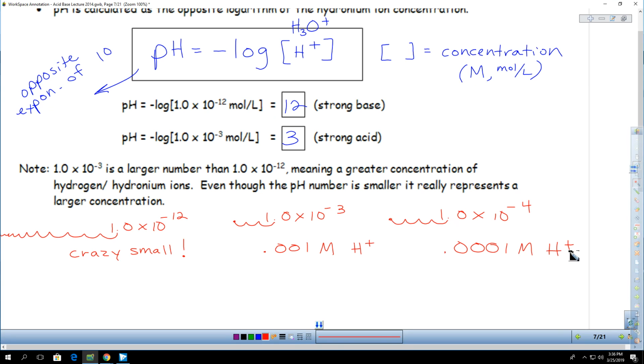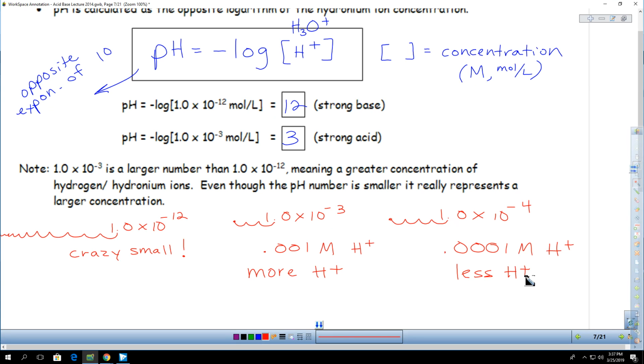So we just have to remember that with these negative exponents, 10 to the negative fourth is a smaller number than 10 to the negative third. This is a larger number. And when I take them out of scientific notation, I notice that this is more hydrogen and this is less hydrogen.